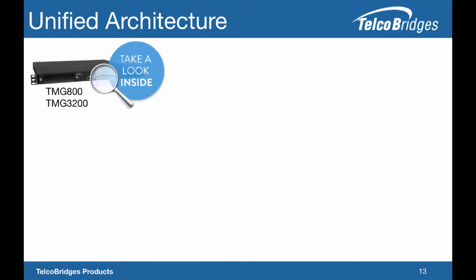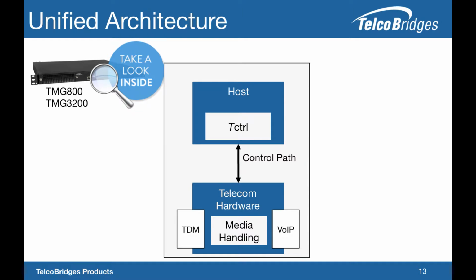Now let's take a look inside one of our units, and we will take the TMG800 and 3200 as an example. Inside every unit, you will find two different hardware components, the host part and the telecom hardware part. Both components are linked using a control path, which is using a Gigi interface. The T-Control operating software is running on the host and communicating using the control path with the firmware running on the telecom hardware.